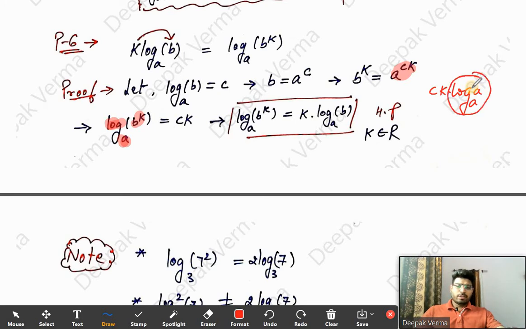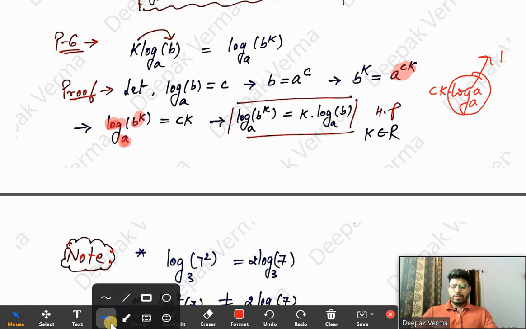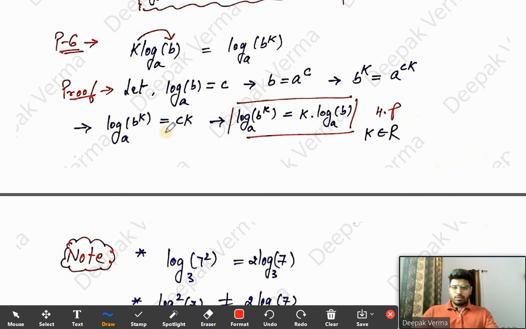So this will become 1 by the property we told you earlier in this lecture. So this is equal to 1. So we will be left with only ck here. Got it? Now put the value of c again here. k is in its place. Now the value of c is log b base a.